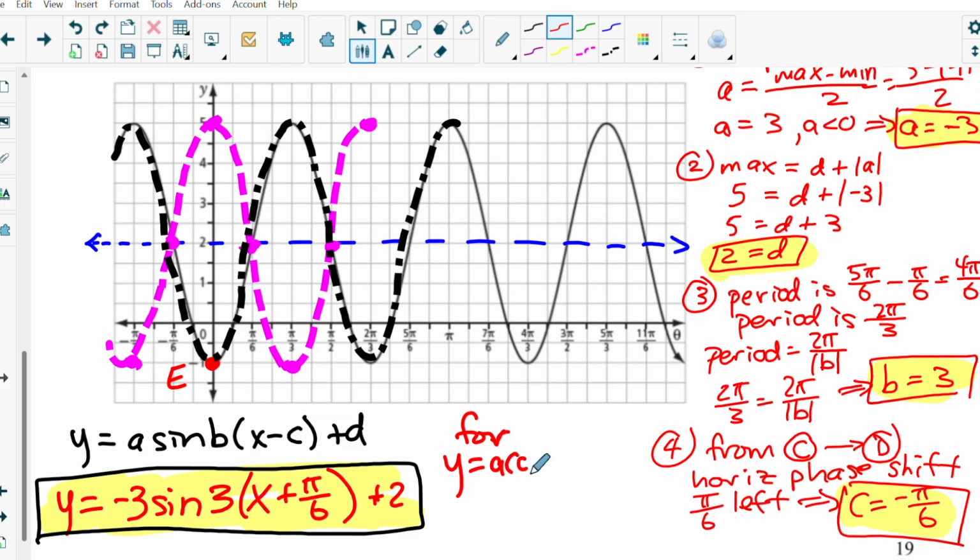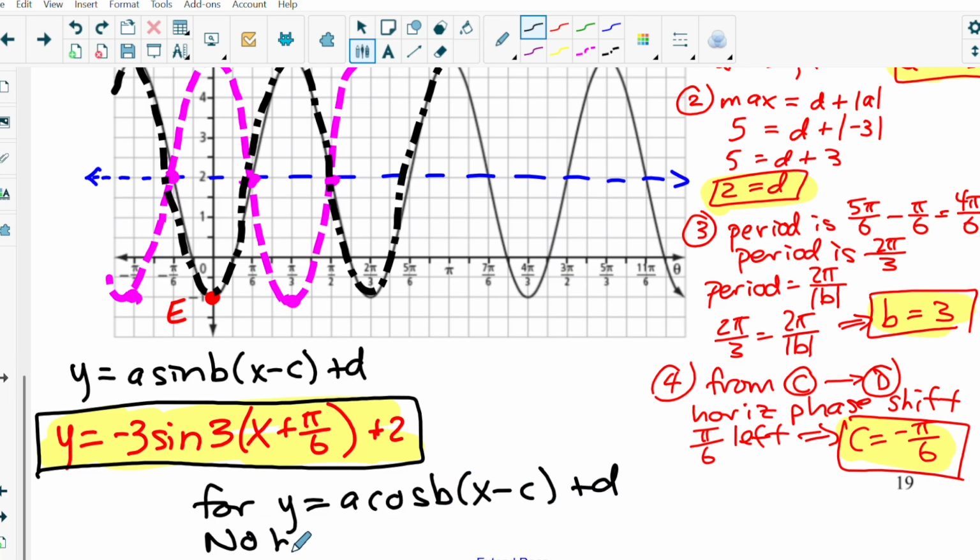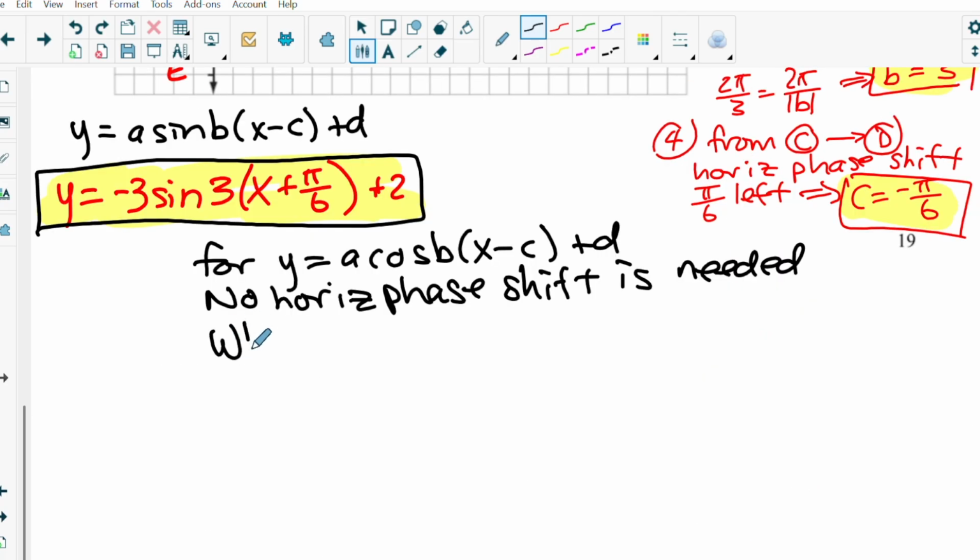So for y equals a cosine of b times x minus c plus d, no horizontal phase shift is needed when a is less than 0.